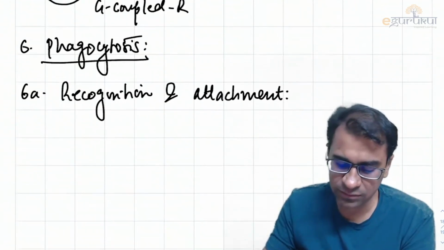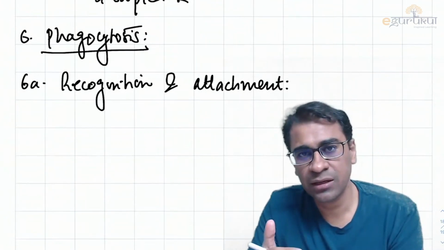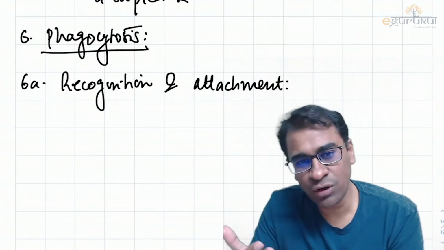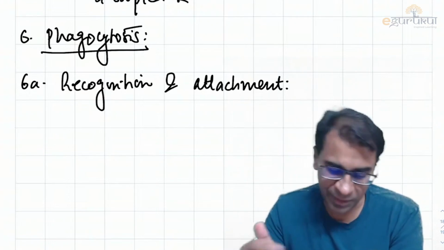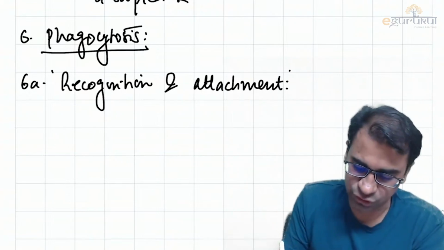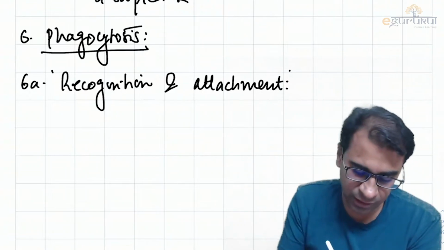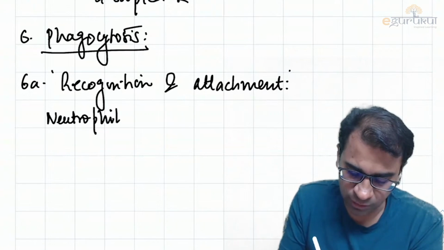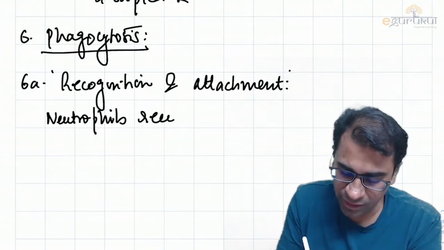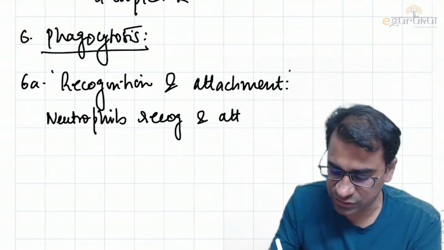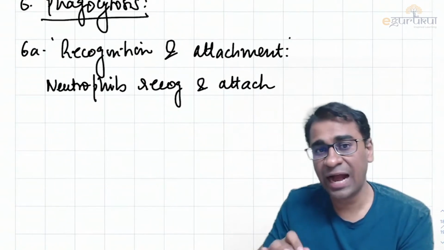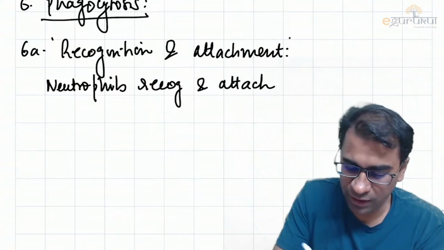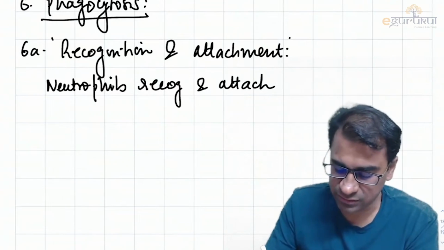So, what is recognizing? Obviously, white blood cells. Recognizing what? The antigens, and attaching what? Again, the antigens. So basically, what I mean here is this step refers to where the neutrophils or the polymorphs recognize and attach the foreign antigens.